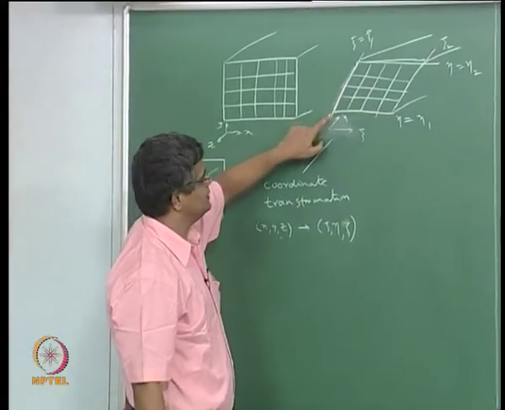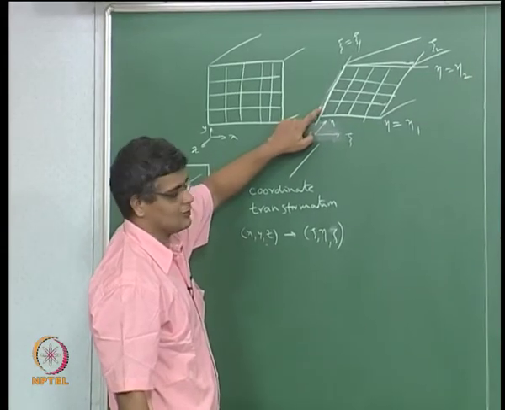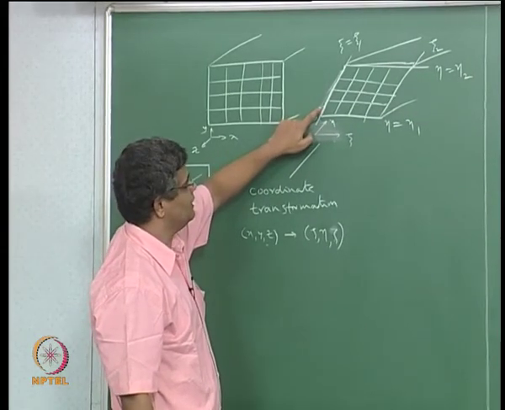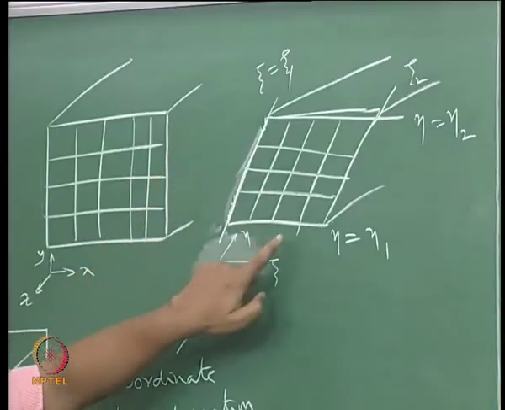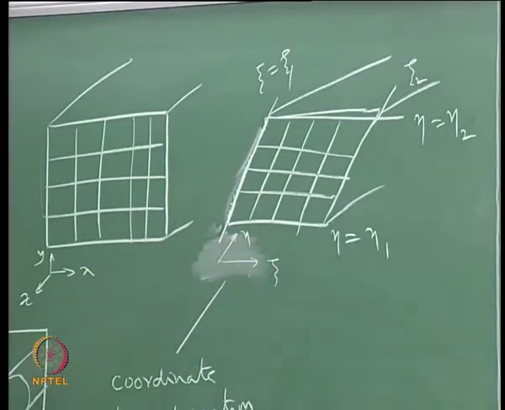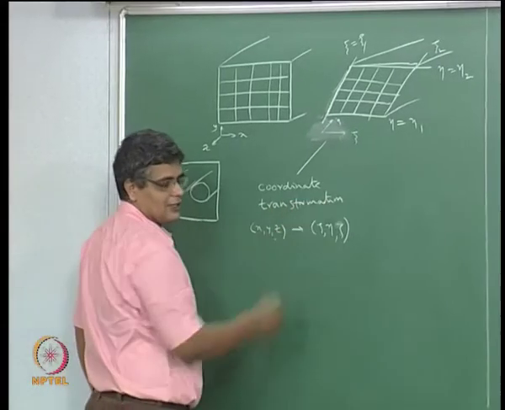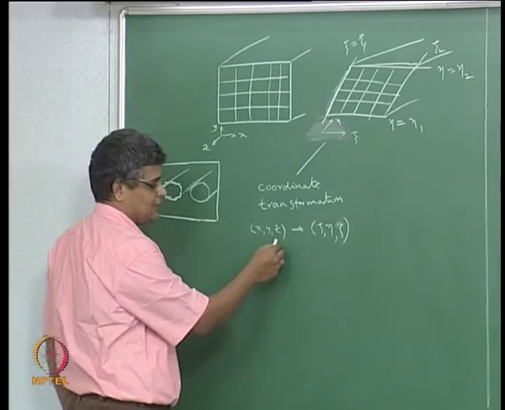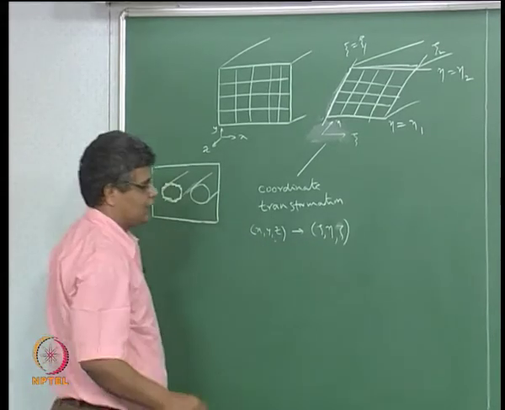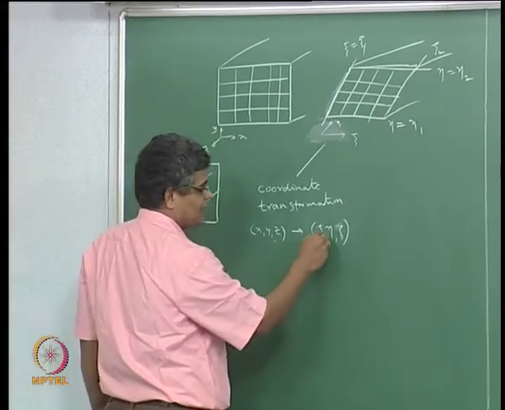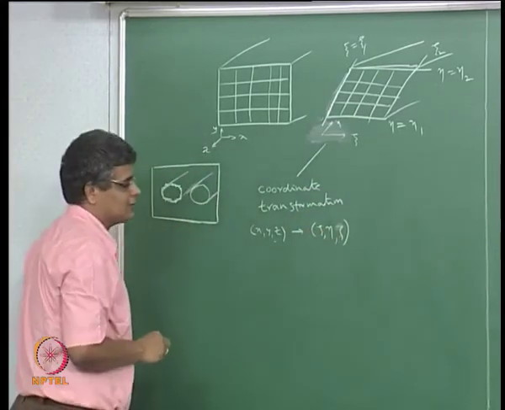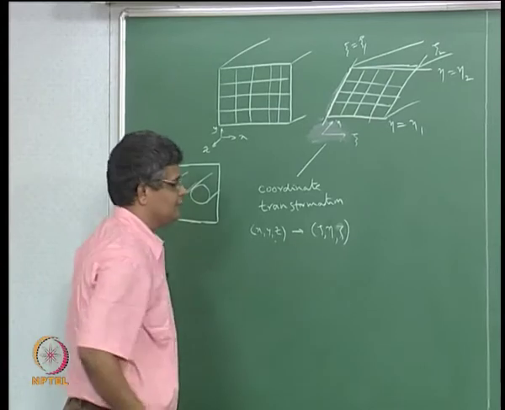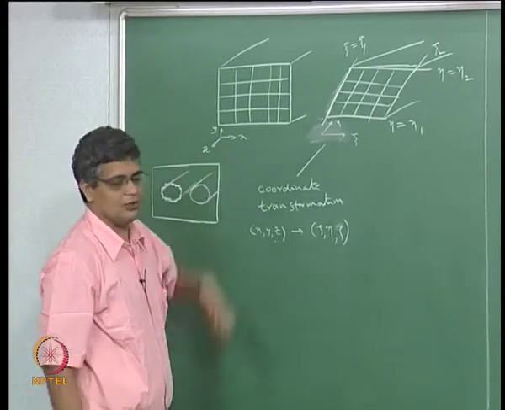So in that sense this is not a constant x or constant y line, but this is a constant psi line and this is a constant eta line. So by doing a coordinate transformation from the xyz into a different coordinate frame in which the bounding surfaces are along constant values of these coordinate directions, we can tackle a complex geometry.